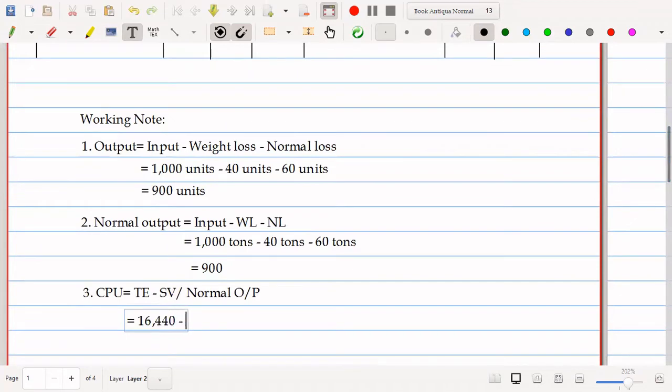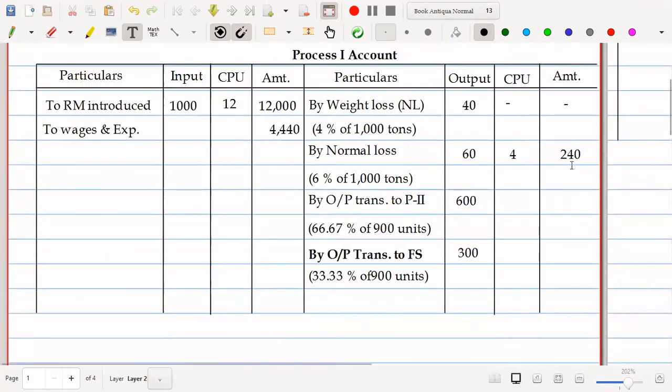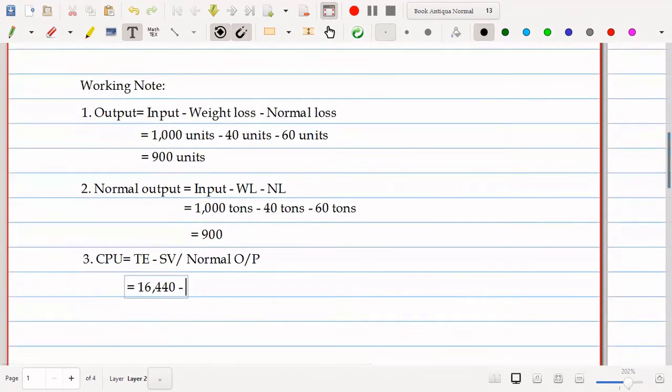16,440 minus scrap value. We have calculated here. What is the scrap value? Scrap value is 240, not units, it is rupees, and here also it is rupees 240.